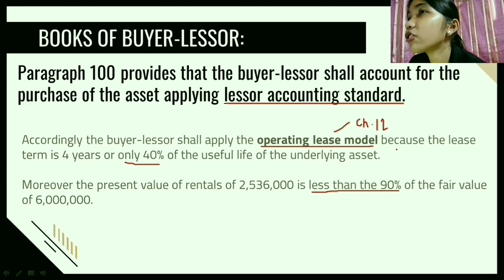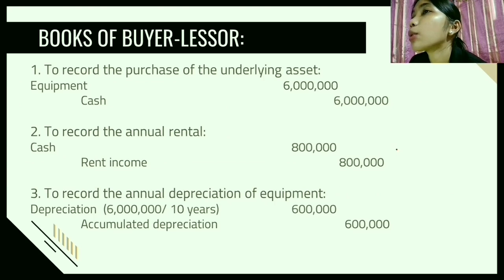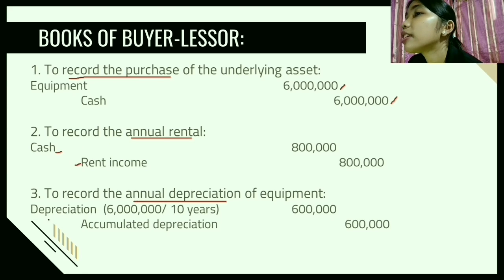So, our journal entries are: debit equipment by 6 million, credit cash by 6 million also. It is to record the purchase of our underlying asset. To record the annual rental, we will debit cash by 800,000 pesos and credit rent income by 800,000 pesos. Next is to record the annual depreciation of our equipment.